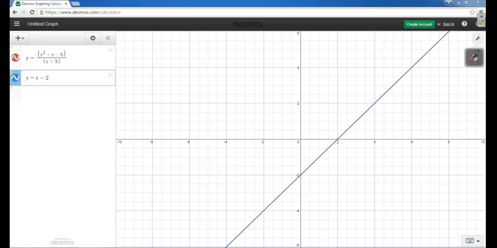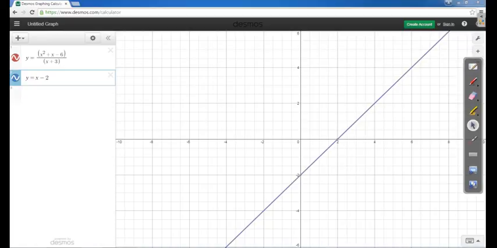So I have the two functions right here, the original and the one that we got by factoring. And notice that it's all the same line. They overlap in all the points except when x equals -3. So let me hide the blue one right here.